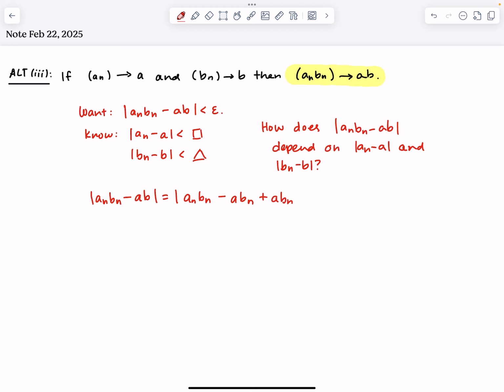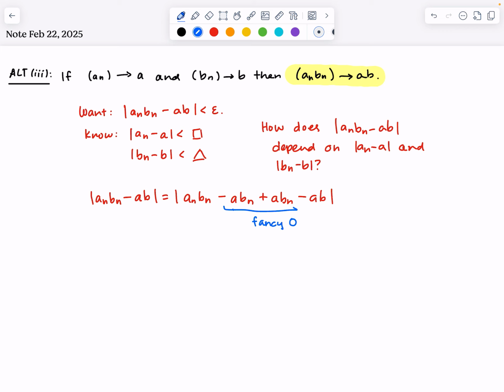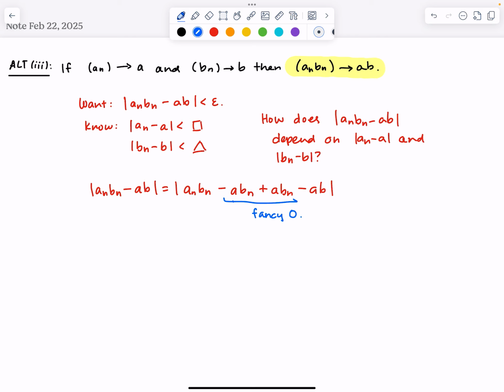That's my fancy zero that we talked about in class the other day. And then I still have the minus AB. So all I've done in the middle here is add a fancy zero. But it was motivated by what I needed in order to factor out, or isolate, AN minus A by itself.